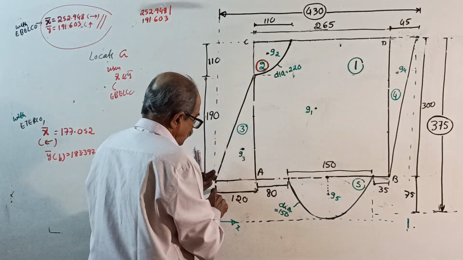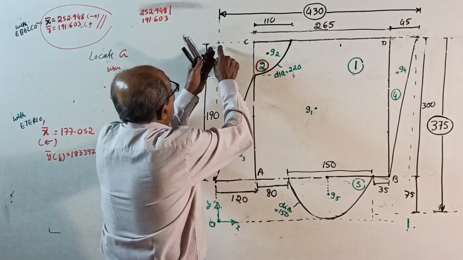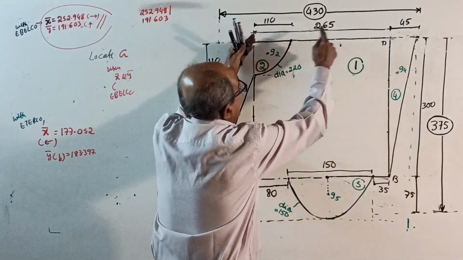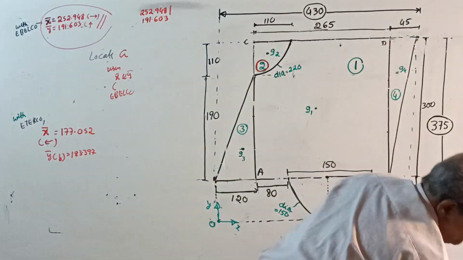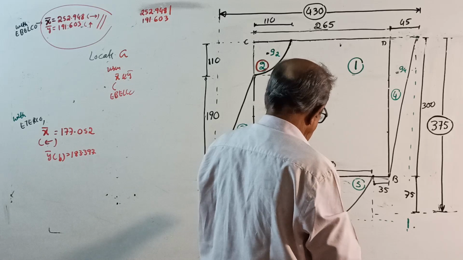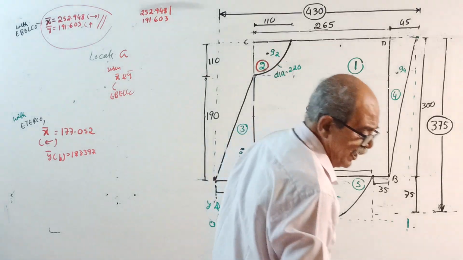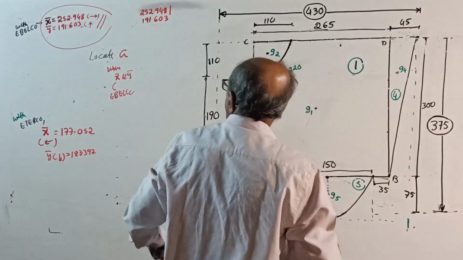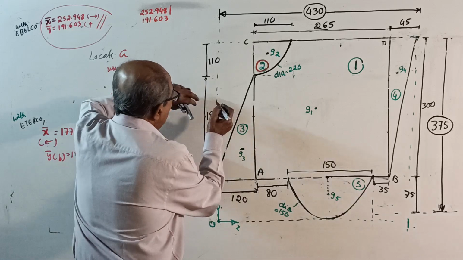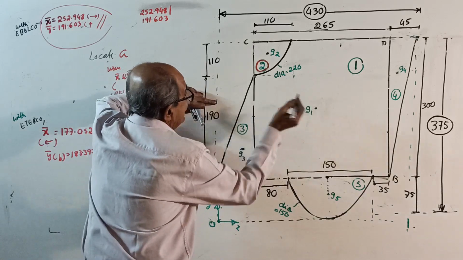Come this side. 120, see, 120 plus half of 265, 120 plus 265 by 2 is 252.5. 252.5 is from here up to G1.